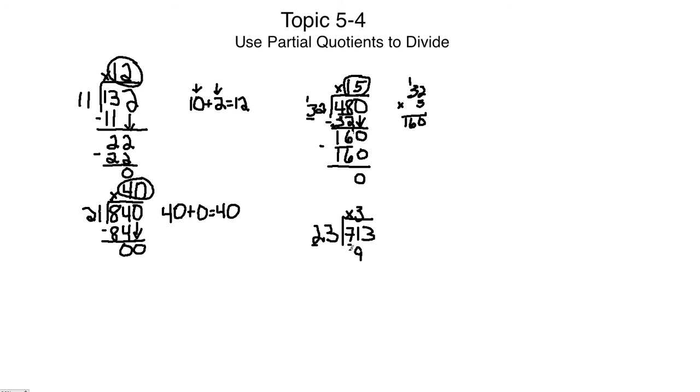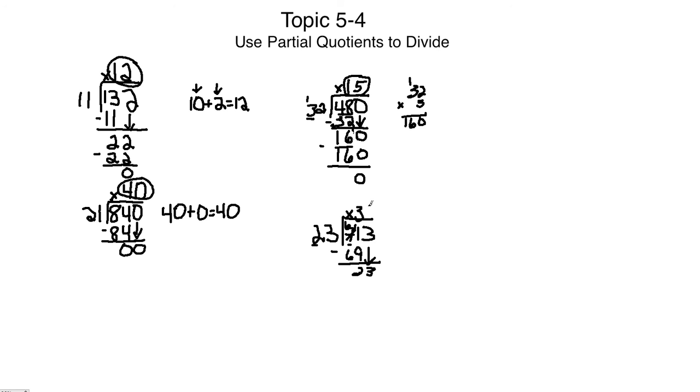What's 3 times 2? 6. Now I got to take a set of 10 from 7, which leaves it 6. And 10 plus 1 is 11. So 11 minus 9 is 2. Bring down the 3.